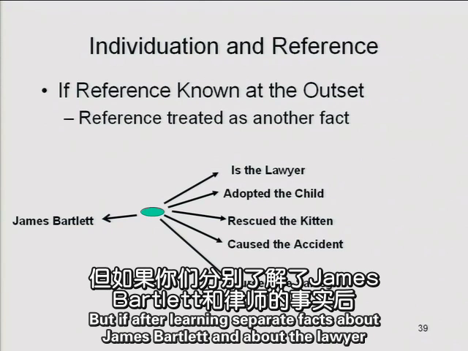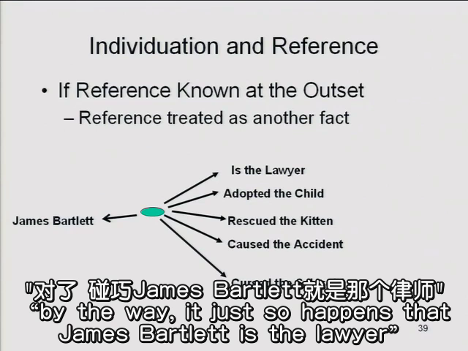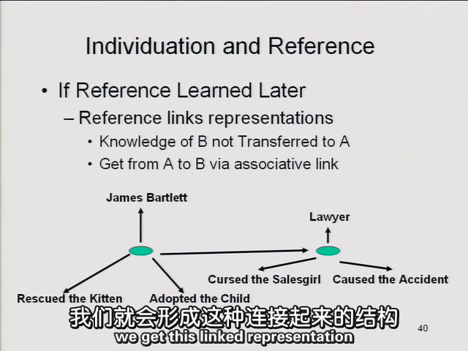But if, after learning separate facts about James Bartlett and about the lawyer, I then tell you, by the way, it just so happens that James Bartlett is the lawyer, we get this linked representation.